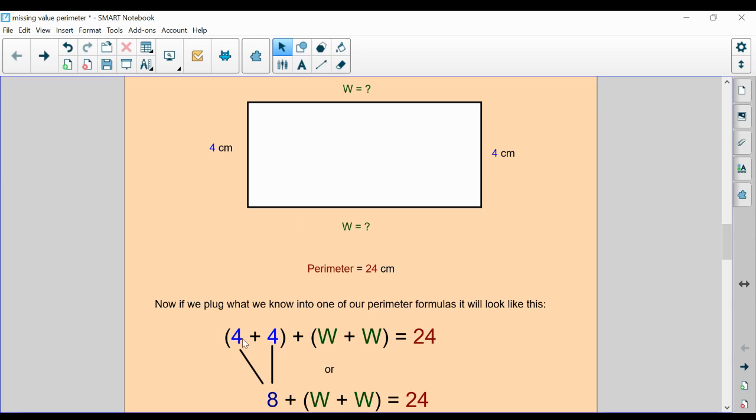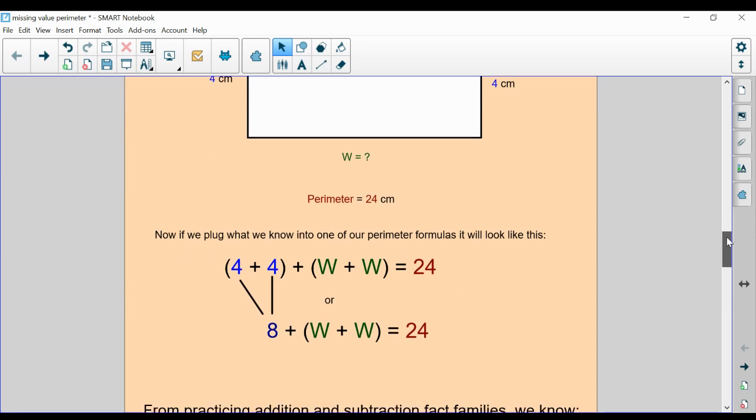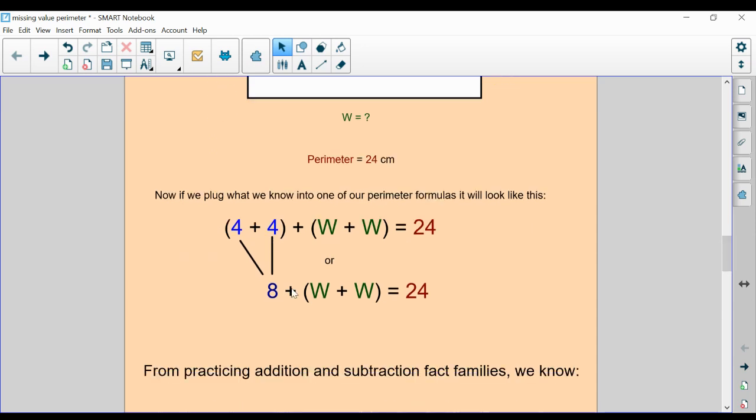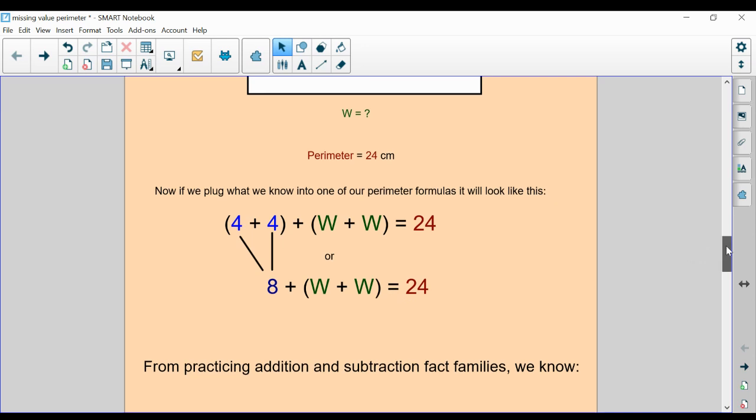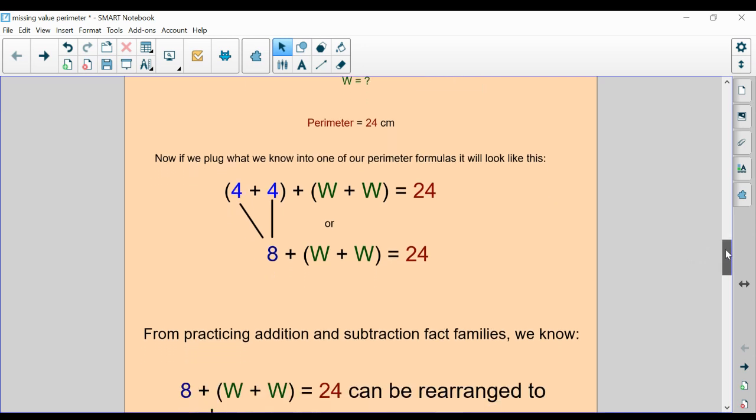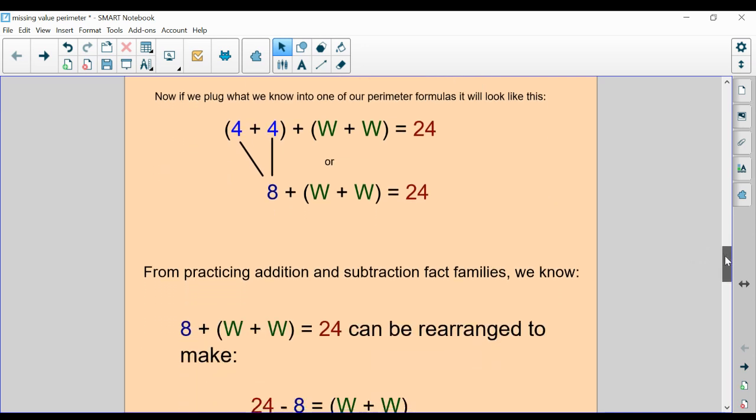So now I'm going to take what we know and plug it into one of our perimeter formulas. In this case, I took the 4, added it to the 4, and then I had W plus W equals our known perimeter. So once you add the 4s, you get 8 plus W plus W equals 24. Now, that's kind of a crazy equation.